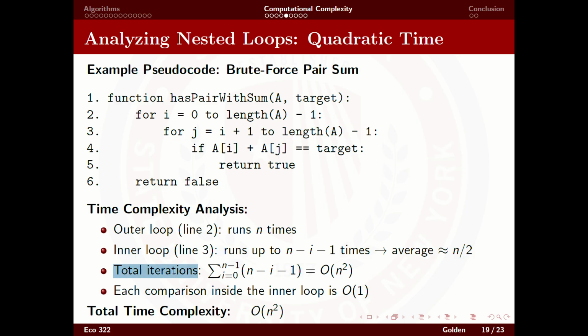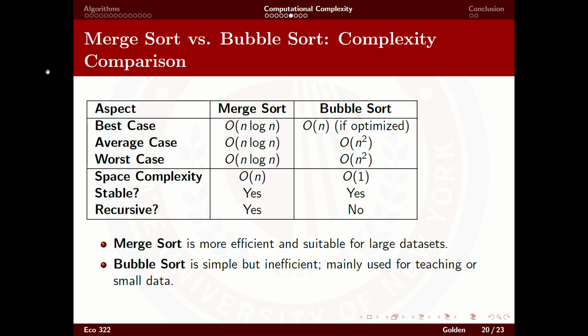And so the total iterations is the sum of n minus i minus 1, which is about n times n minus 1 over 2, which asymptotically is n squared. Each comparison inside the inner loop is O(1). So this grows quadratically.